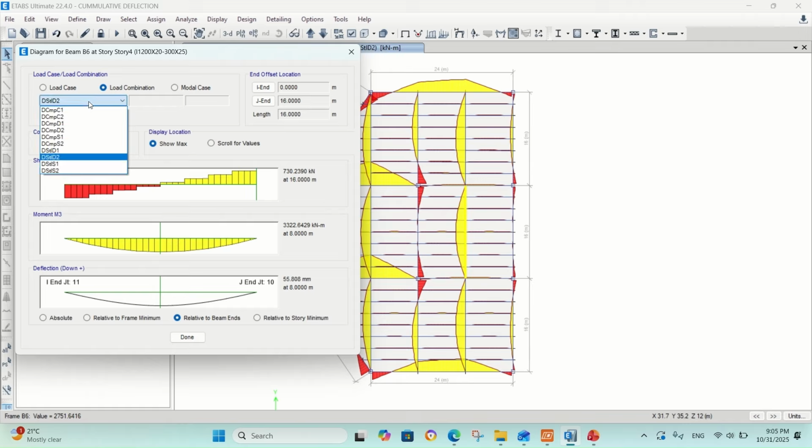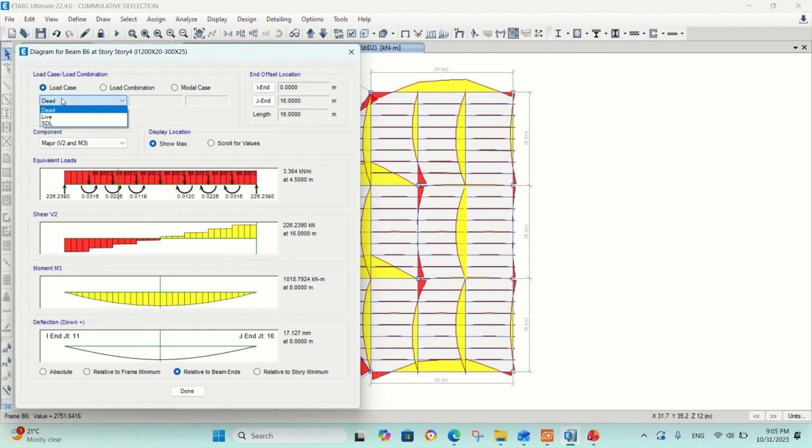We need to also check the deflection under live load, and it's the length of the beam divided by 360. So the limit is 44.4 millimeter and the actual deflection under live load is 21 millimeter.